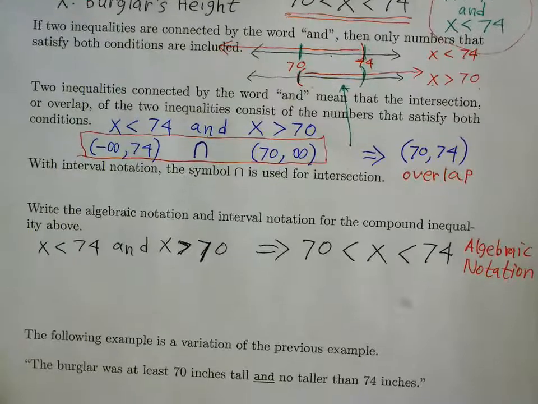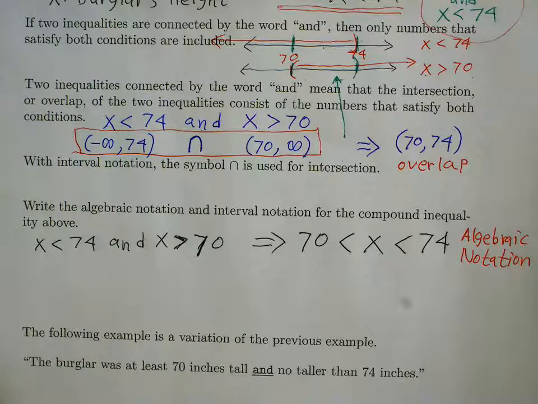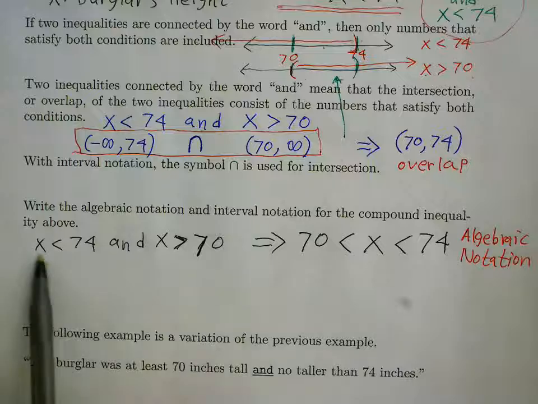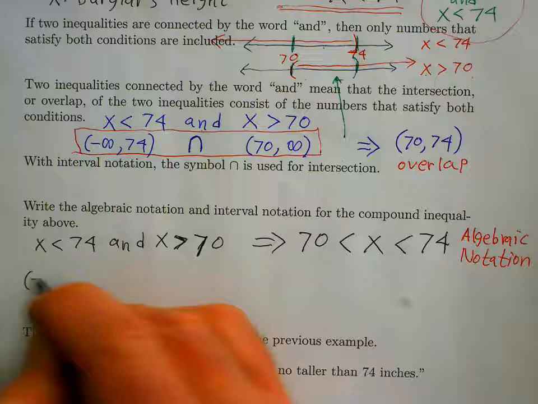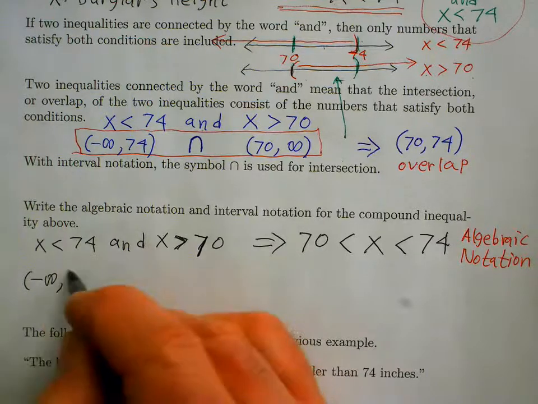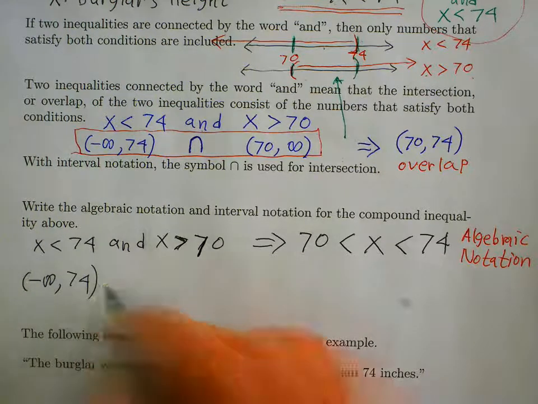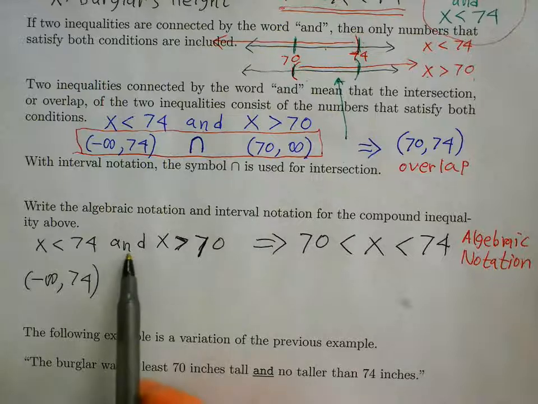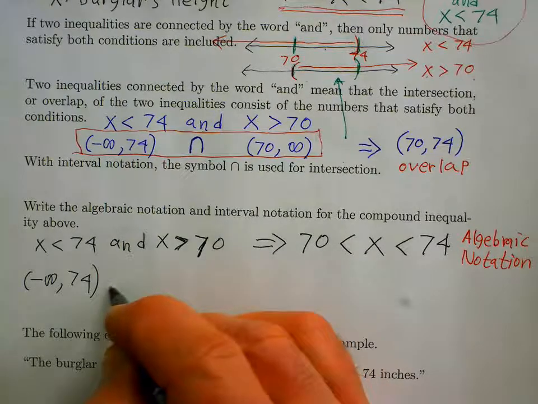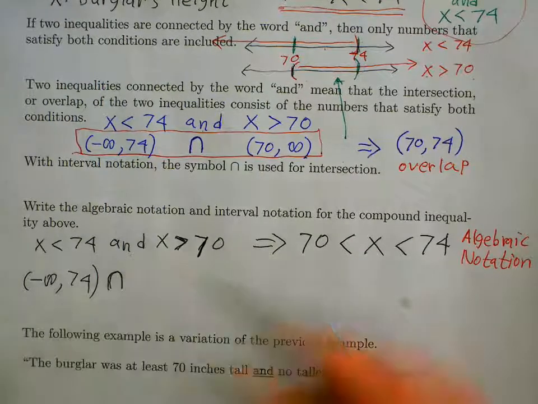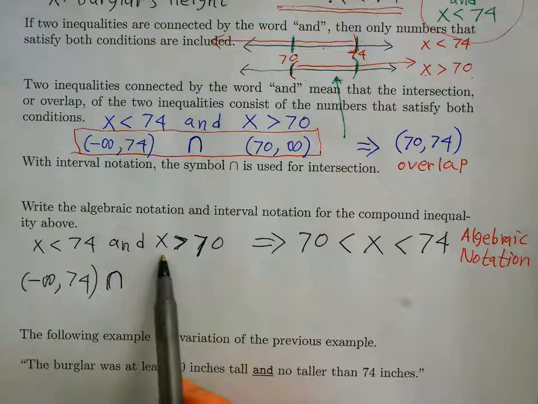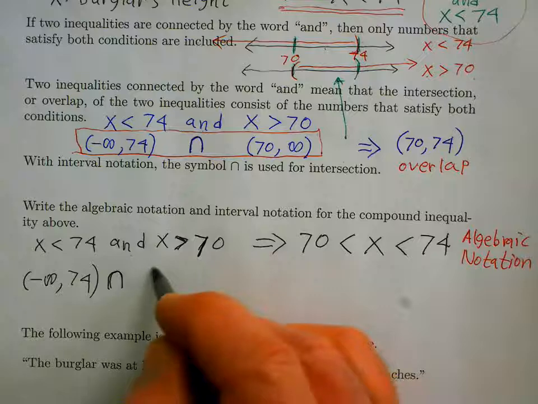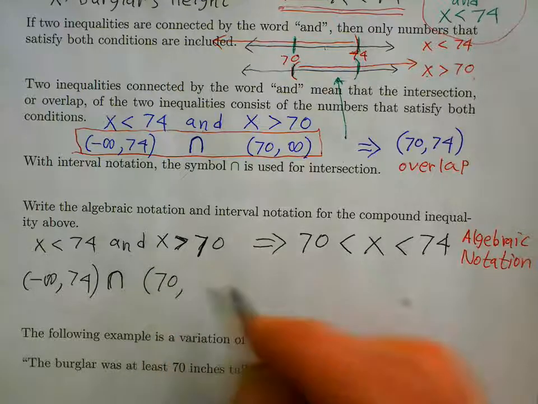And as we already saw, I'll just do it again. This set of numbers, x is less than 74, that's negative infinity, comma, 74 parenthesis. The word and means intersection or overlap. So we put the intersection symbol, and then x is greater than 70, we put parenthesis 70, comma, infinity.